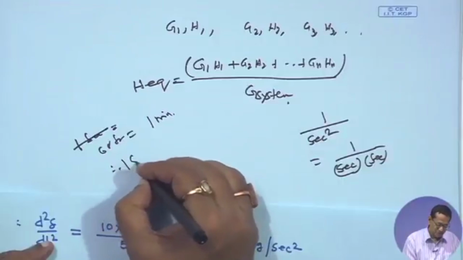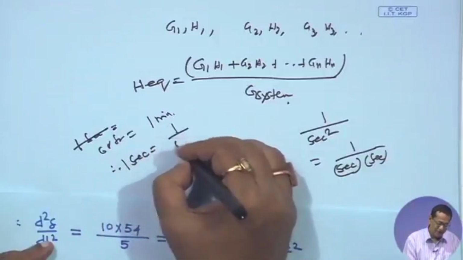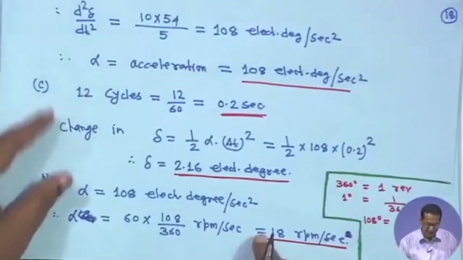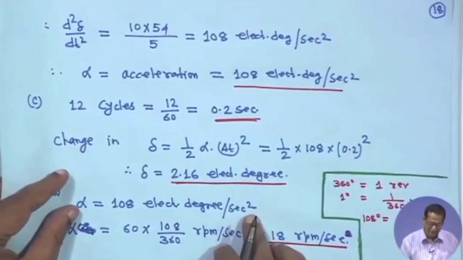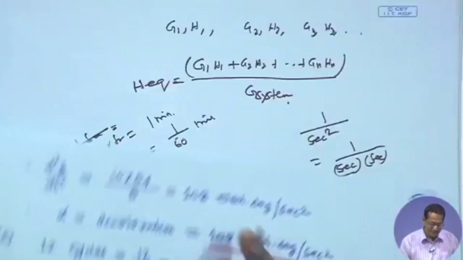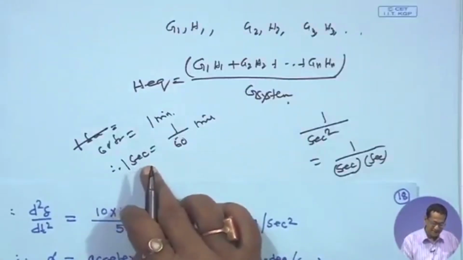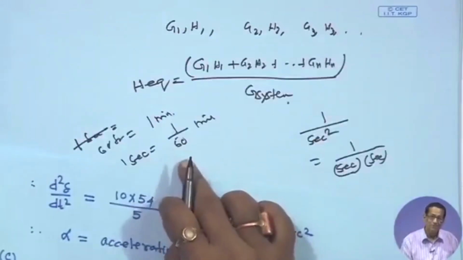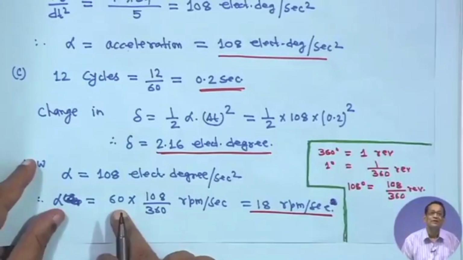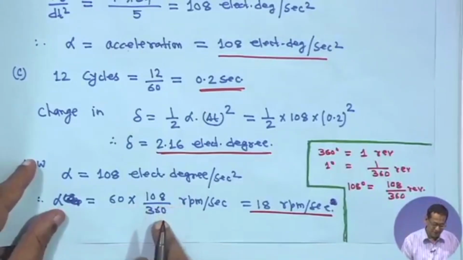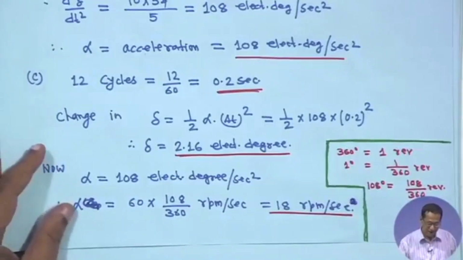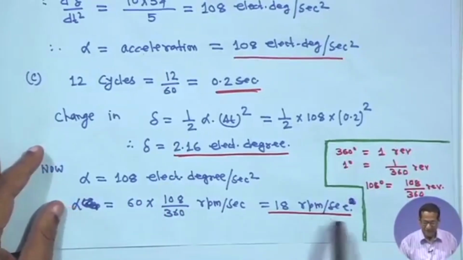Therefore, 1 second is equal to 1 by 60 minute, this is simple arithmetic. So, if you put 1 upon 60 in the denominator, then 60 will go up. So, 60 into 108 upon 360 RPM per second. This way we define alpha is equal to 18 RPM per second.